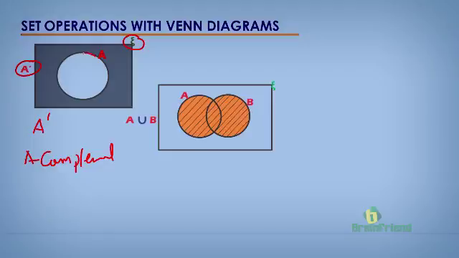The set A is drawn within our rectangle as a circle. The shaded portion is the area under our consideration. The shaded portion depicts the elements that are within our universal set, which is our rectangle, that are not in our given set A. So the shaded portion is the area of our complement, the complement of A.